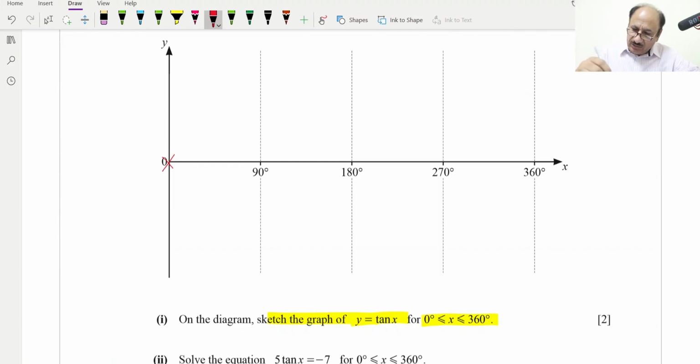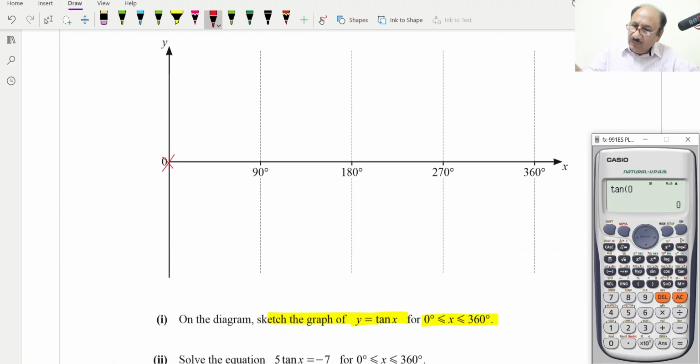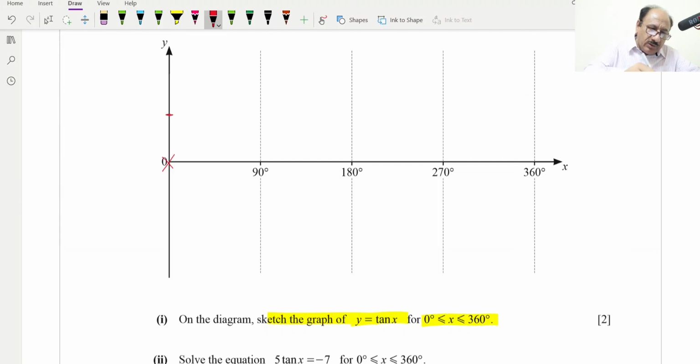Then we can check for tan 45, and tan 45 will be equal to 1. So 45 will be in the middle over here, and this will be 1 point over here.